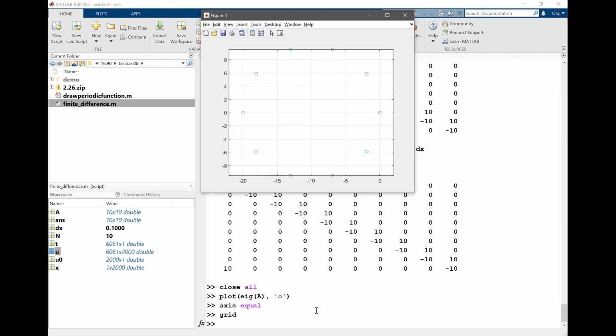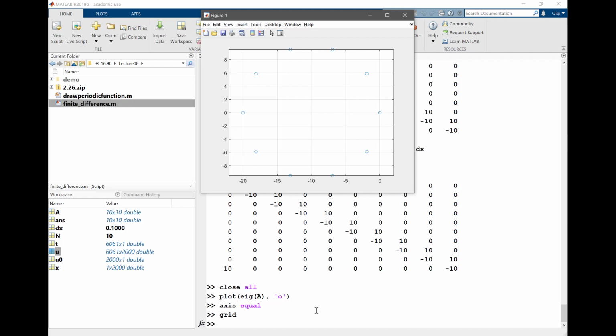What do you see here? So first of all, it has as many eigenvalues as the dimension of the matrix, right? That's for sure. So basically, it has 10 eigenvalues, and it lies in a circle.